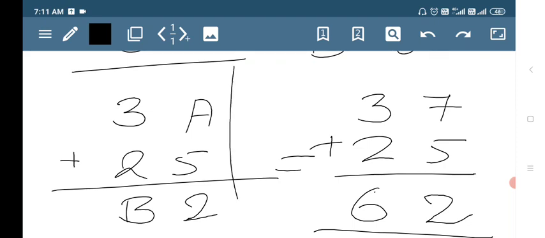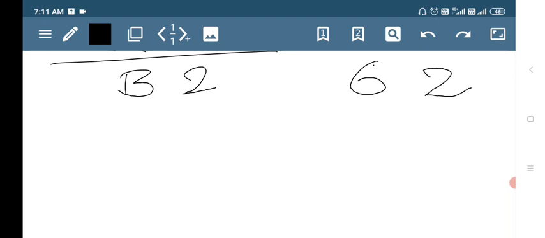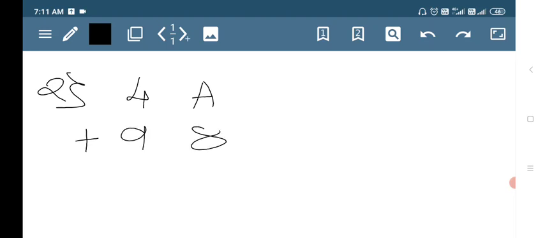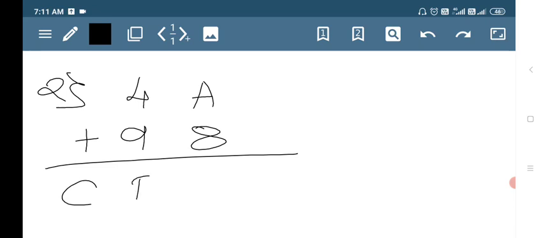Next, second question. A plus 98 gives you CB3.